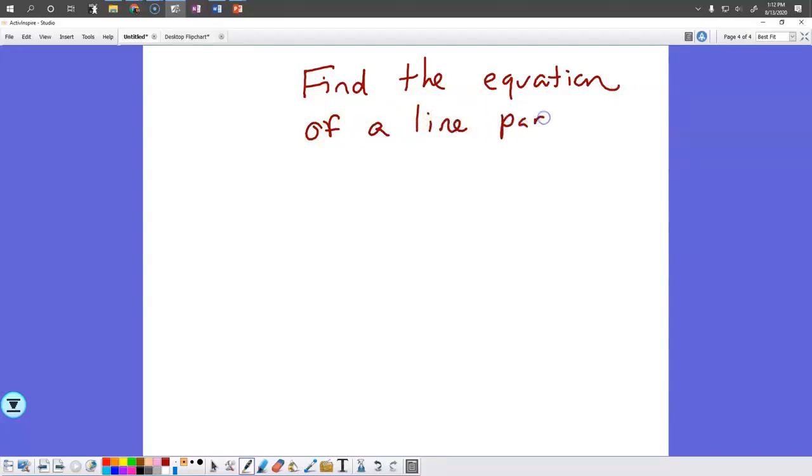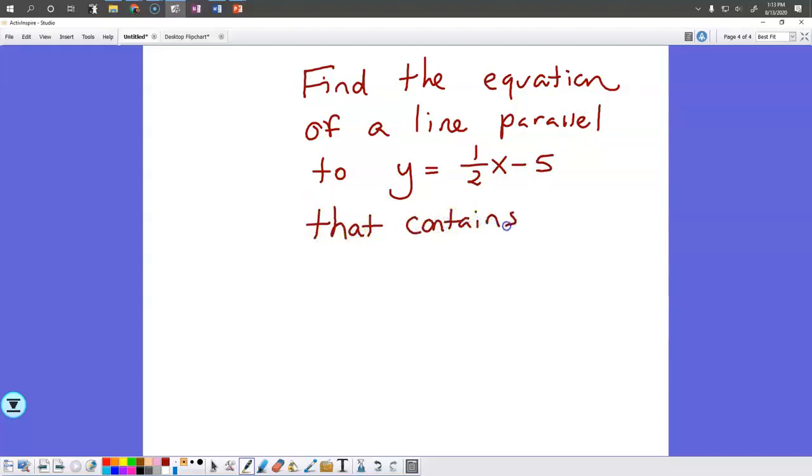Okay, so find the equation of a line parallel to y equals 1/2 x minus 5 that contains the point, I guess 4 would be good.